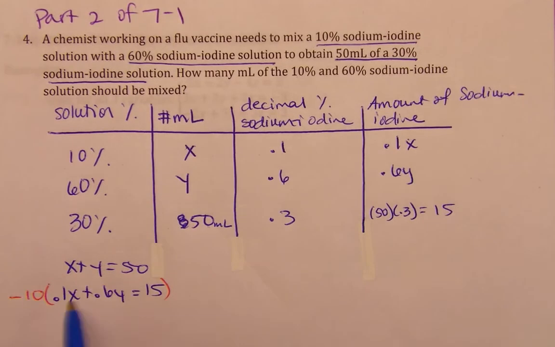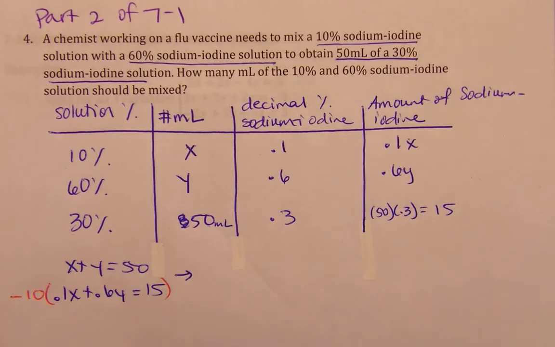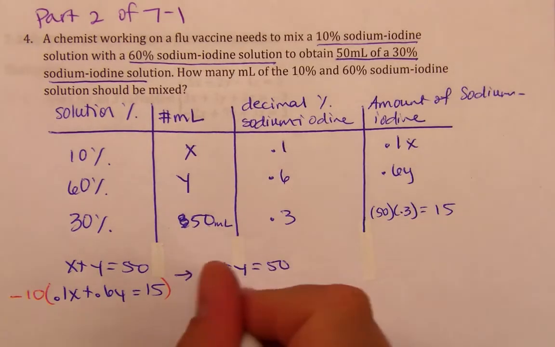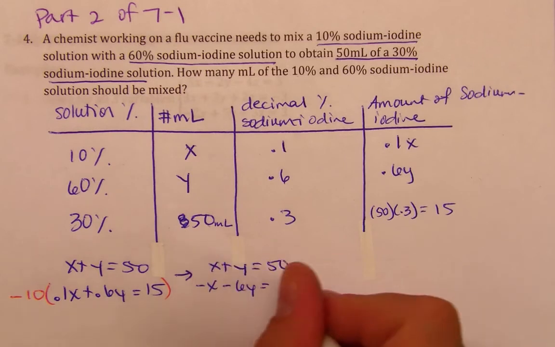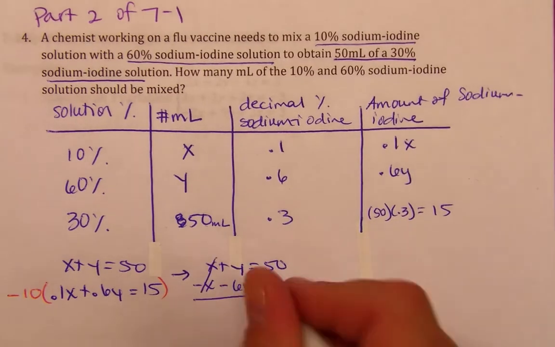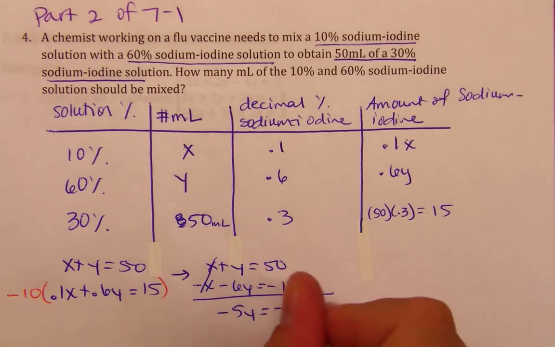That'll move all of our decimal places over for us and allow us to solve for our variables. So we have x plus y equals 50, and we have -x minus 6y equals -150. And the x's cancel. We have -5y is equal to -100.